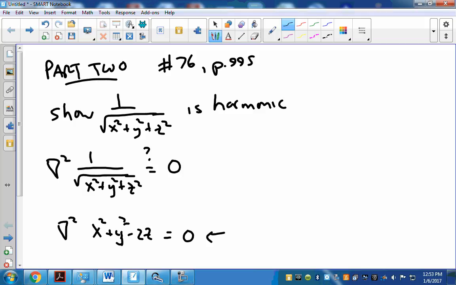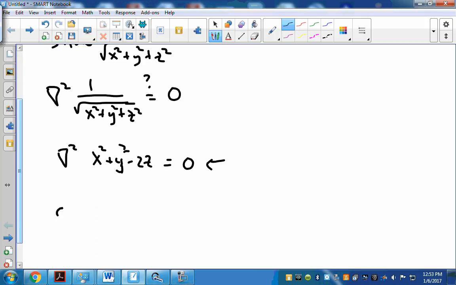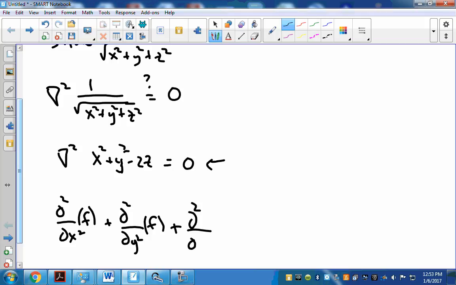Now remember, what this Laplacian is asking you to do is to take the second partial with respect to x of whatever the function is, add to that the second partial with respect to y of the function, and then add to that the second partial with respect to z of the function. And if you take those 3 second partials and add them up and you get 0 as a scalar, then this is in fact a harmonic function.